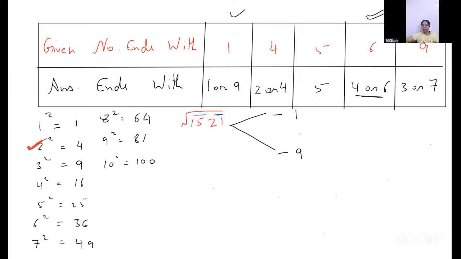Then come to 15. Check if 15 comes between 1 and 4. No. Between 4 and 9? No. 15 is coming between 9 and 16. Yes. So that is 3 square and 4 square.